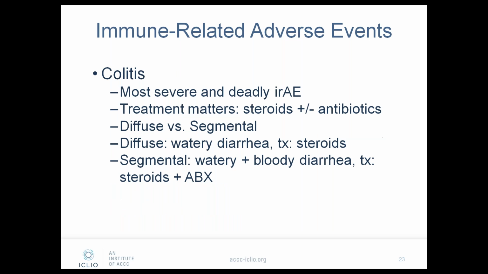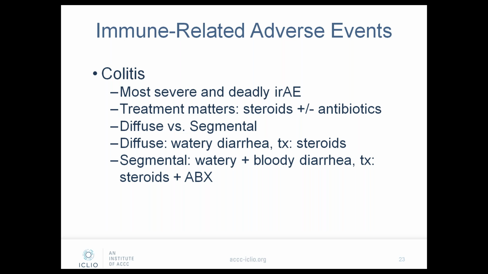Next slide. Colitis tends to be the most severe and problematic immune-related adverse event. And the main reason I want to focus on this one briefly is that the treatment is very important. So whether you give a patient antibiotics or steroids or both is a very important treatment decision, and we can help with that.